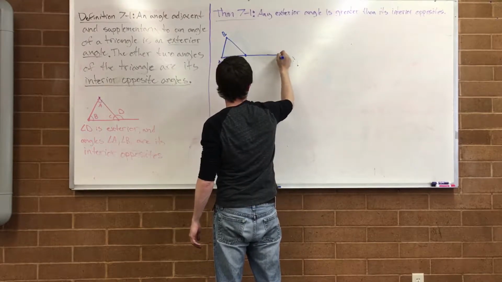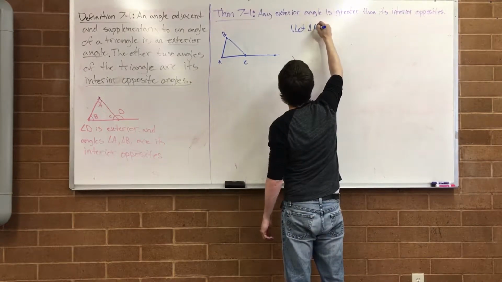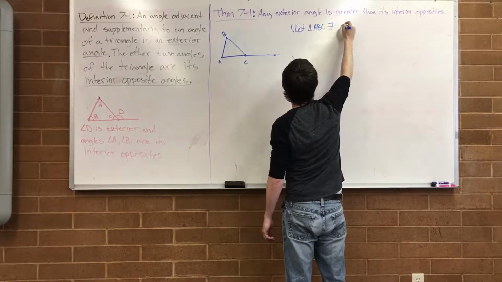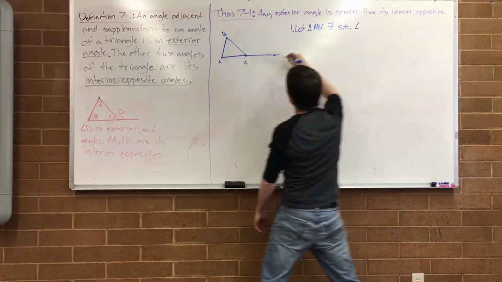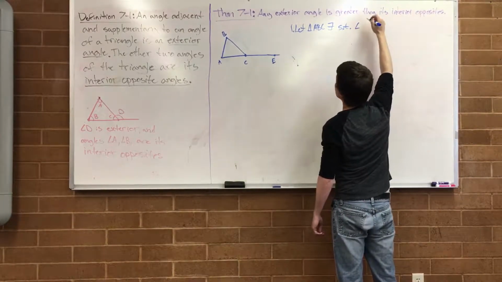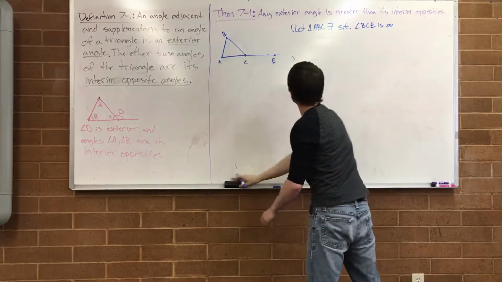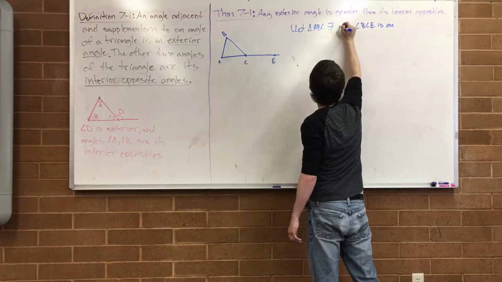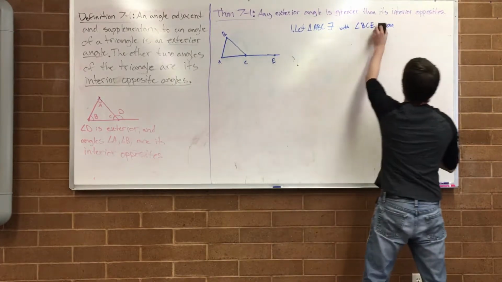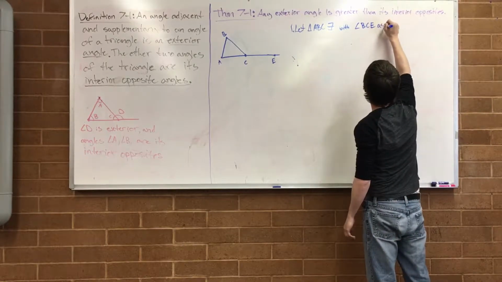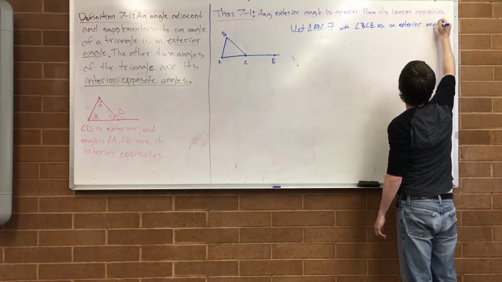A, B, C, and we've got E. So 1, let triangle ABC exist such that angle BCE is an exterior angle. Okay?